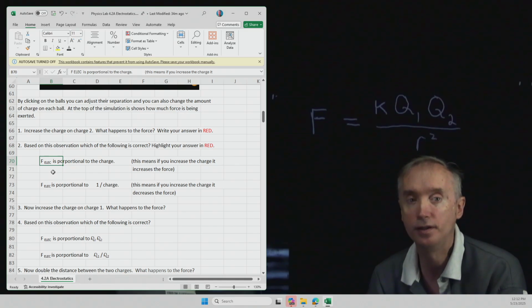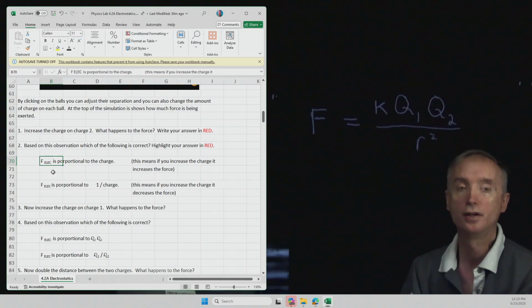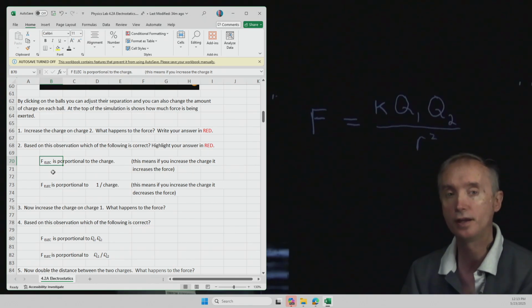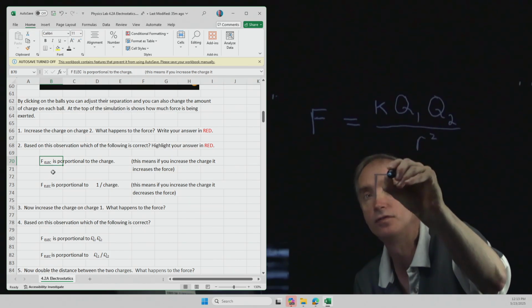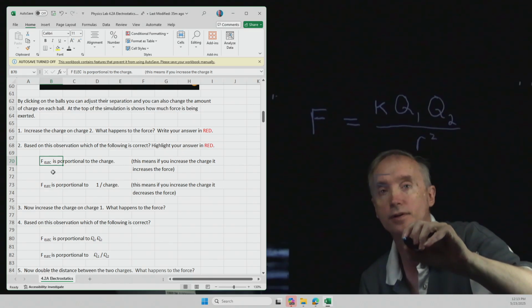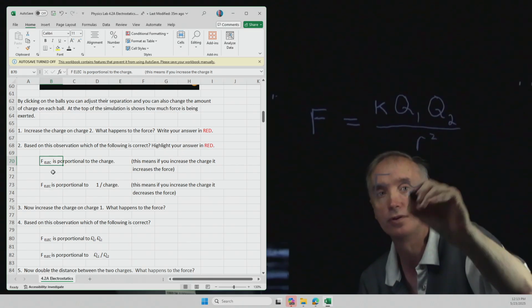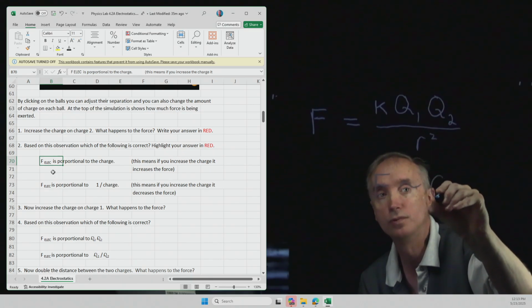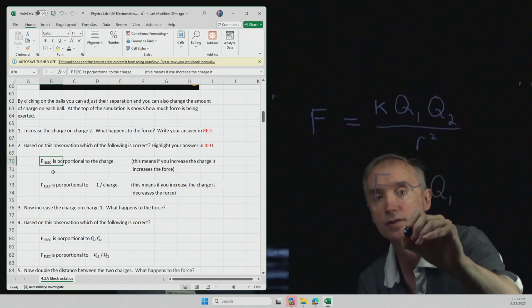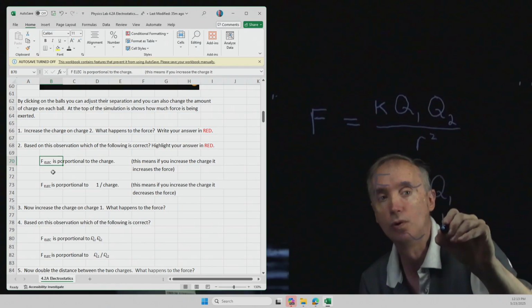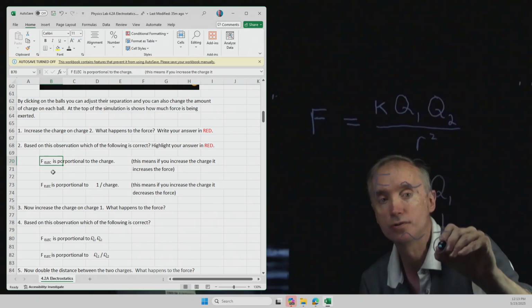So what you're doing is you are changing the charge on one of the masses, and you're looking at what happens to the force. And the goal is to try to figure out if the force of electricity is proportional to charge 1, or is it proportional to 1 over charge 1?